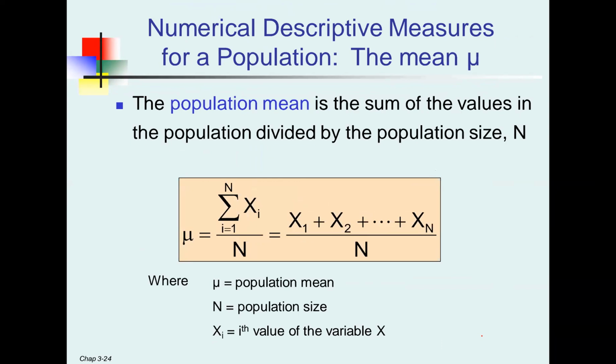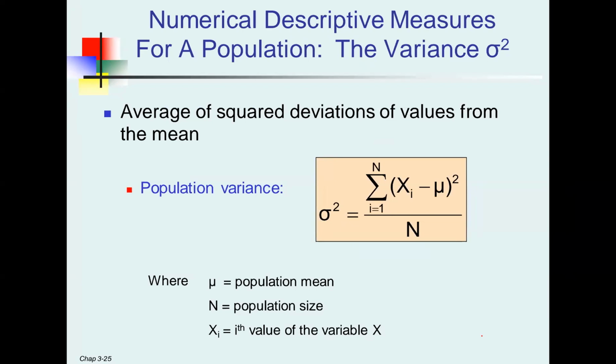So when you're dealing with the sample, you subtract 1 from the sample size. But if you're dealing with the whole population, you don't subtract 1, you just divide, okay? But most of the time we use a sample because it is difficult to calculate for the entire population. Got that?